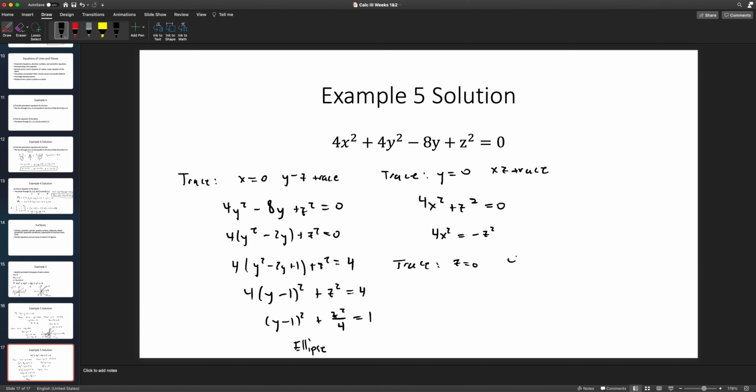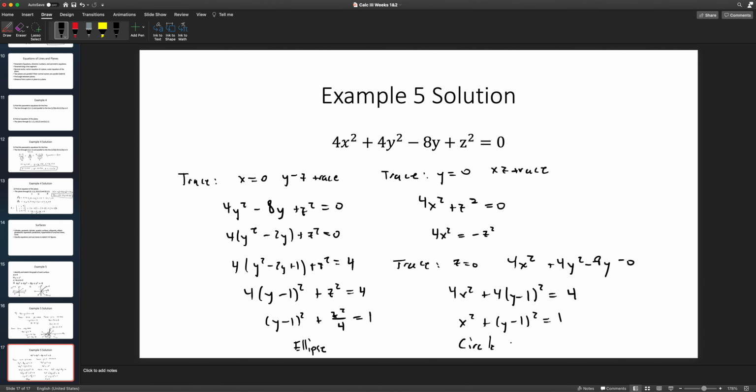When z is 0, we have 4x squared plus 4y squared minus 8y is 0. And we do the same method of completing the square. So we're going to get that this is plus 4 times y minus 1 quantity squared is equal to 4. Divide everything by 4: x squared plus y minus 1 squared is 1. So if you notice this one, this is actually a circle.